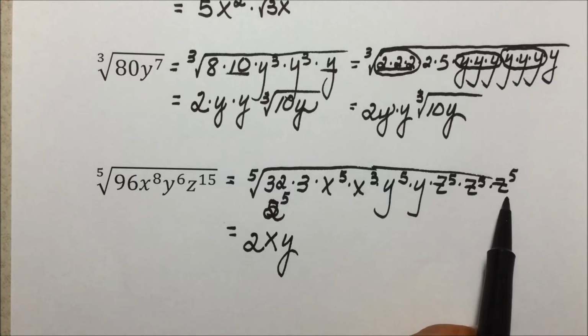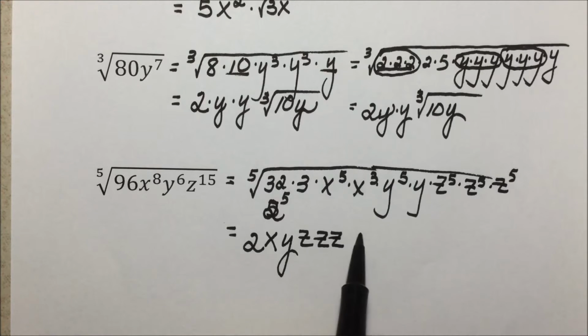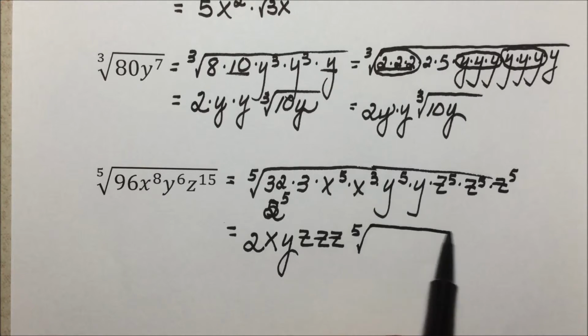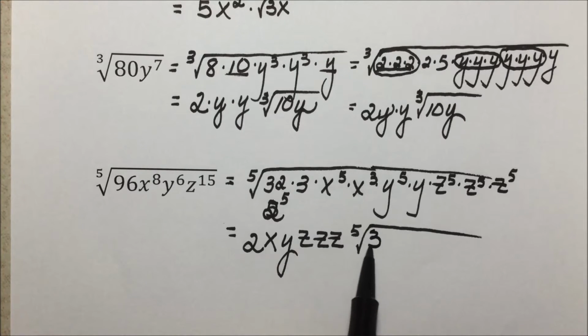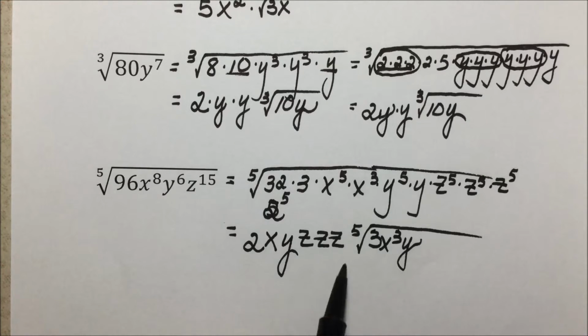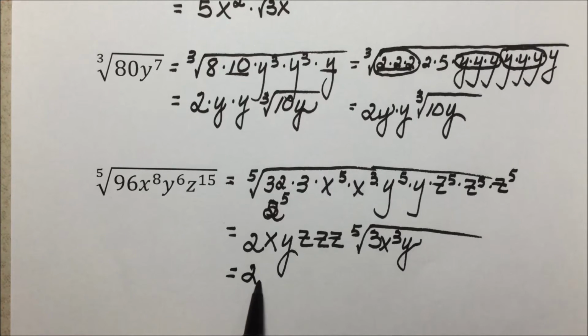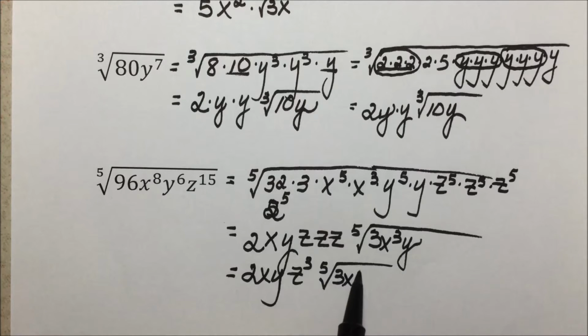And each one of these z to the 5ths will bring out a z, leaving those factors that didn't have high enough powers. We have the 3, we have the x to the 3rd power, and the y. We can simplify this. Instead of writing 3 z's multiplied together, we can write this as 2x, y, z to the 3rd, 5th root of 3x to the 3rd power y underneath the radical.